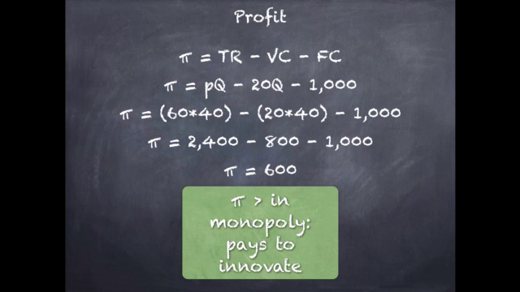So thus, yes, it does pay for this monopolist to innovate because now they have positive economic profits of $600, whereas before they had zero economic profit. So this firm should innovate. It should spend that $1,000, develop the new technology which lowers its marginal cost, and it will see an increase in its profits.